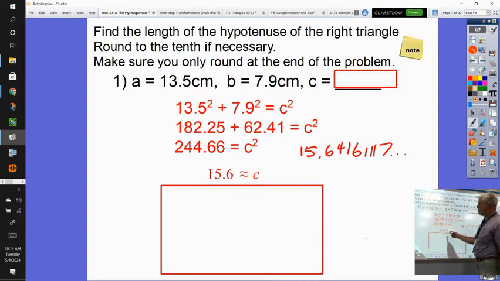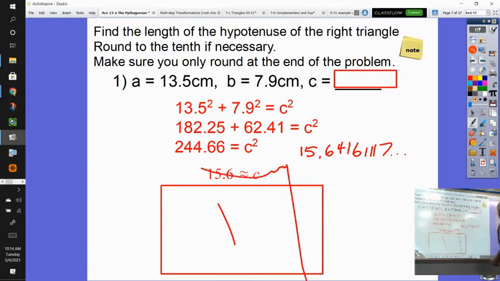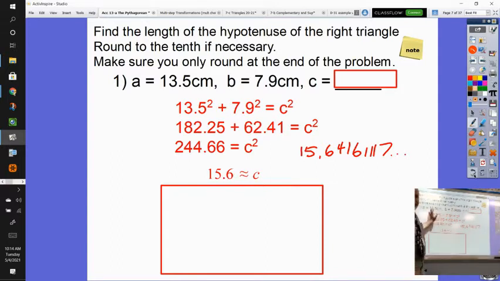It wouldn't be reasonable to go past the hundredth in this problem, or more than 2 decimal places. And really, because all the numbers were given to you with 1 decimal place, it's probably fine to have your answer at 1 decimal place. So the final answer here is about 15.6 centimeters.